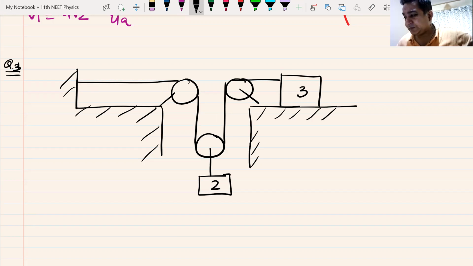Can you tell me? Where is this system supposed to go? How will this system move? Abhiram, Niharika, how will this system move?